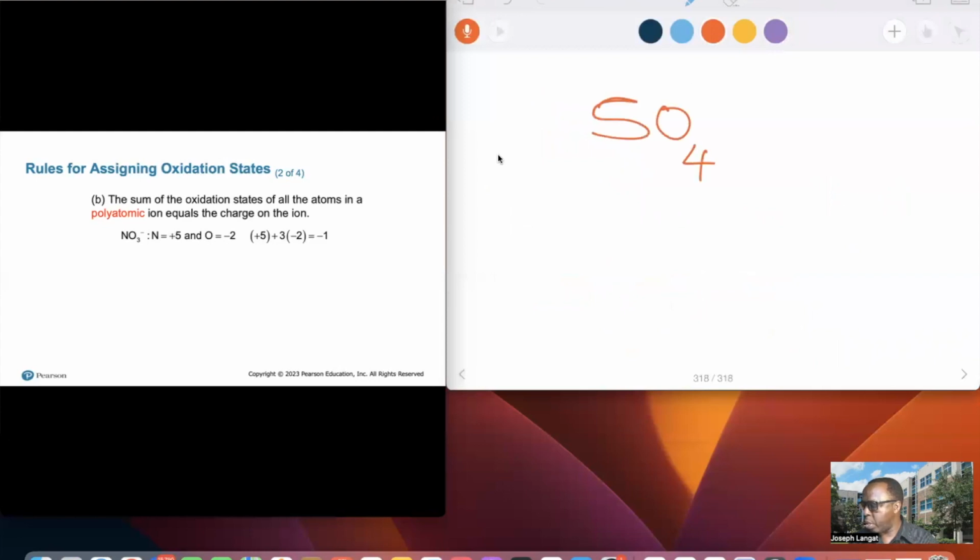One last one is, let's say we have sulfate, for example, SO4. This is oxygen, sulfur.